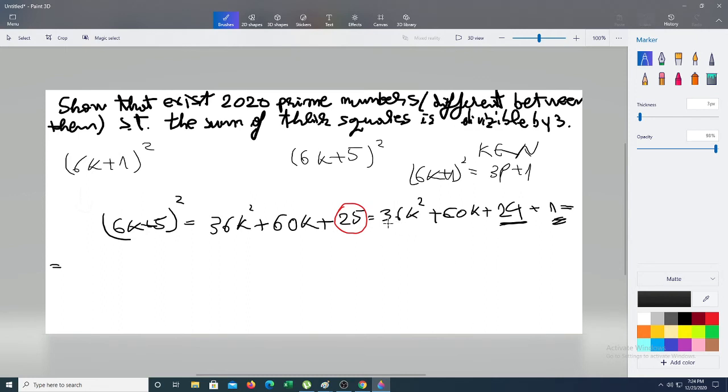But we see that this sum of three terms is also divisible by 3 because we have 36, 60 and 24, and we can factor this easily out and we remain with 12k squared plus 20k plus 8 plus 1.